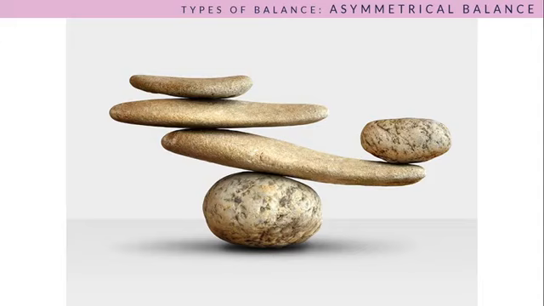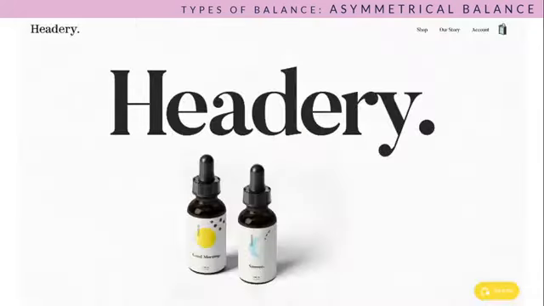Let me give you a practical example. This site for Heathery CBD oil might look symmetric at first glance, but it's actually the most subtle asymmetric balance possible. The product title is centered on the screen, creating an initial symmetry, but the dropper bottles are on the left.